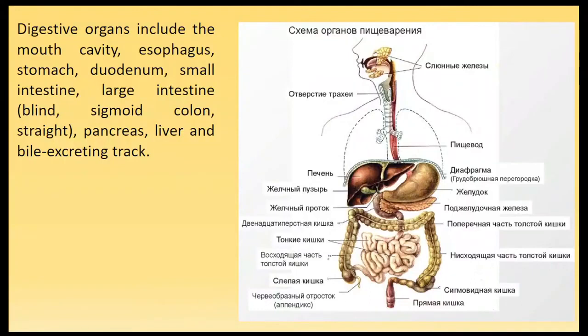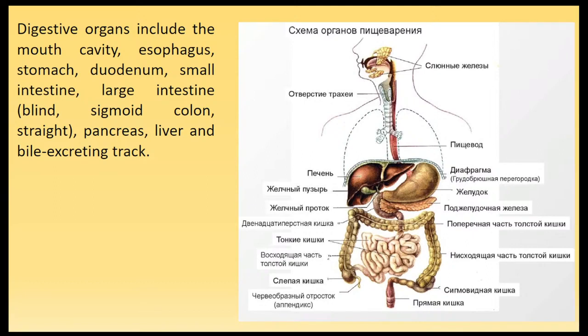Digestive system. The digestive system is one of the main important systems in the human body, and this system has many functions, main functions for health and for life in general.